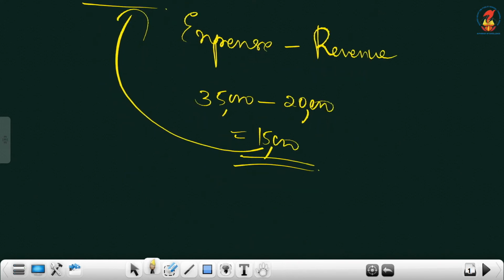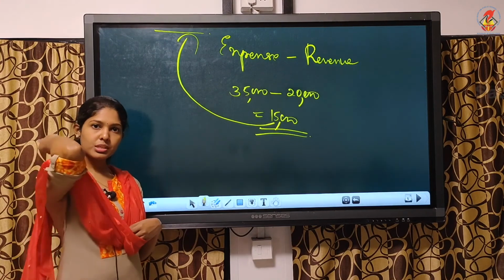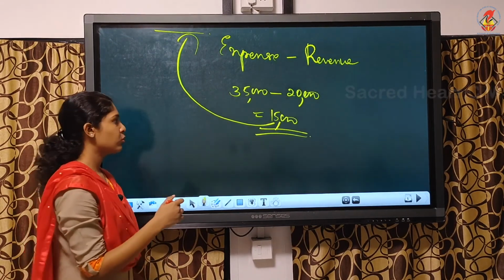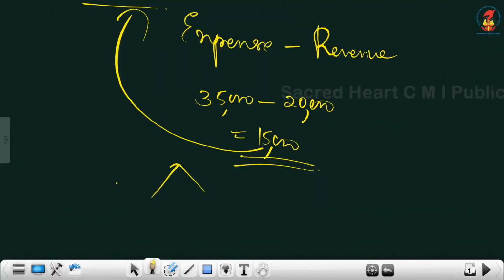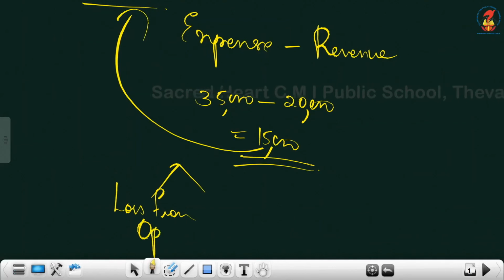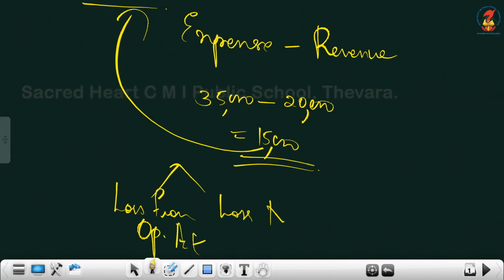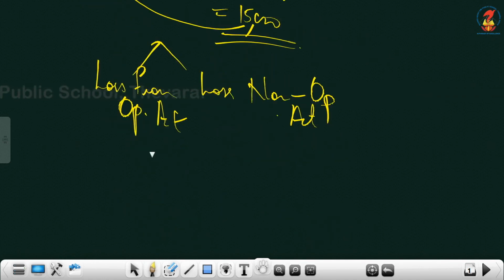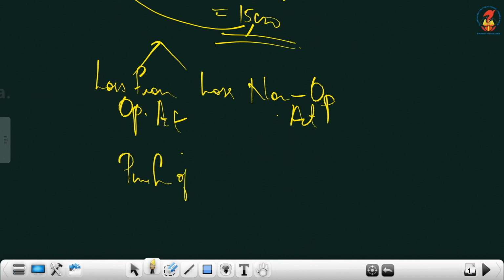Understood? So, it is just the reverse of income. And what can be the explanation for loss? Loss includes loss from operating activity, just like income you write operating activity, and it includes loss from non-operating also. Operating activity means, when you discuss loss you can't say sale, it is purchase of goods.